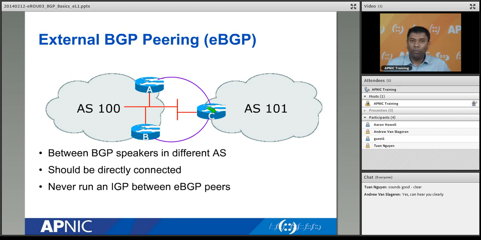If we use the loopback address as a peering address, then if the link is down, the loopback is still reachable via the other path, right? And if the loopback is reachable via the other path, then BGP will not have any signaling among themselves to signal that the link is down and withdraw the route, right? So that's why in eBGP peering, we always prefer to do the peering on the point-to-point link.